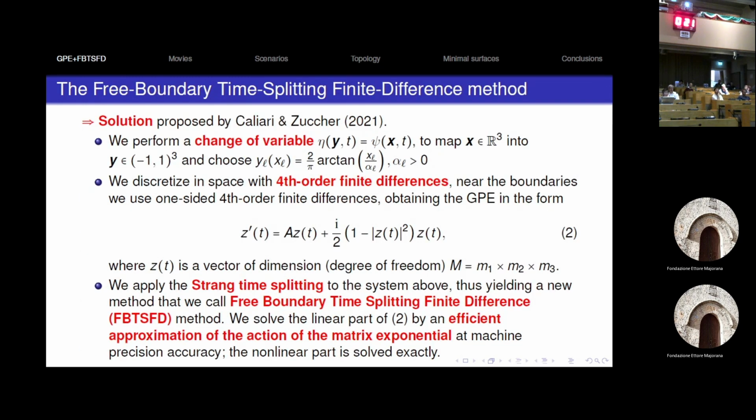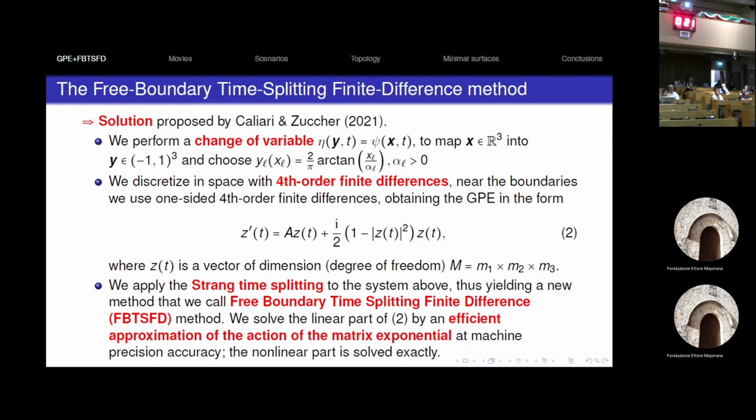So we had an idea just a few years ago, which was to rescale the R3 domain into [-1, 1] to the third through a simple transformation. And with this idea, we can impose our initial boundary conditions at infinity without truncating the domain, basically.